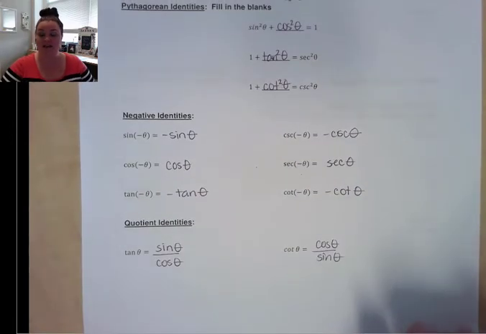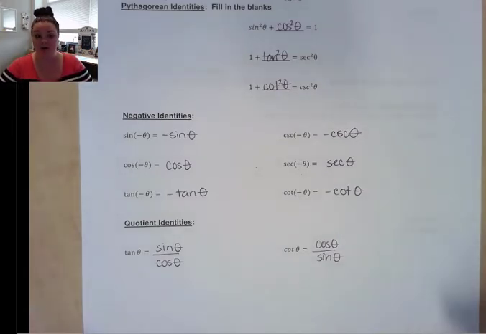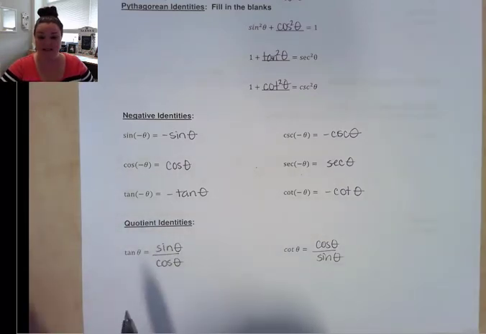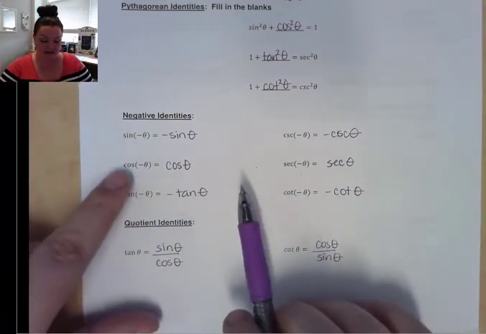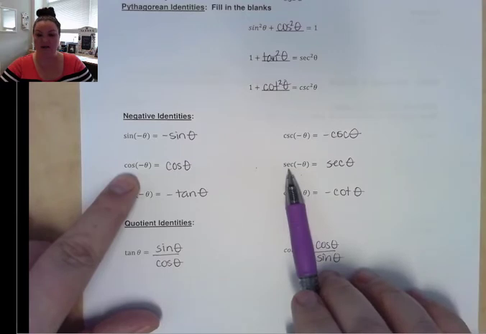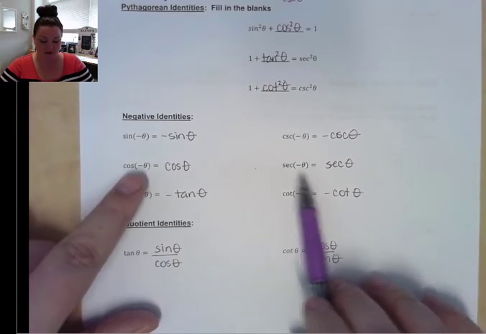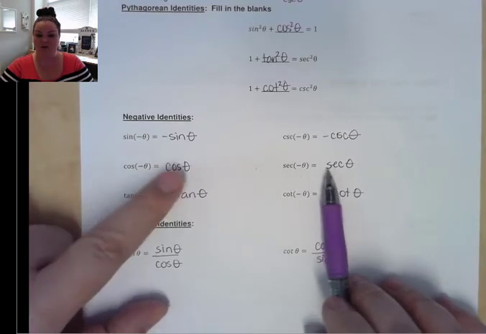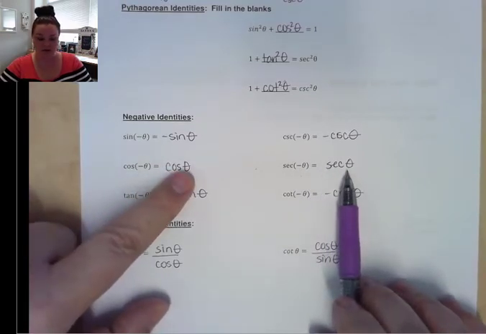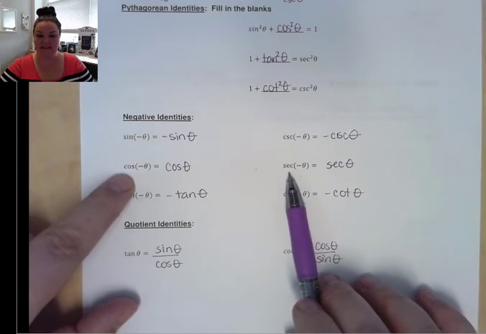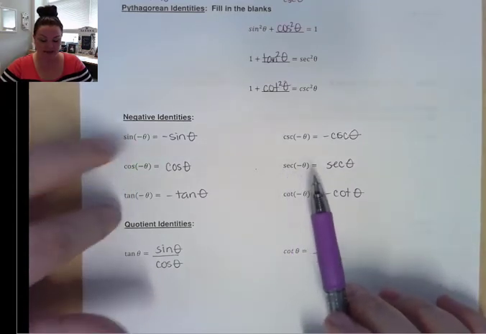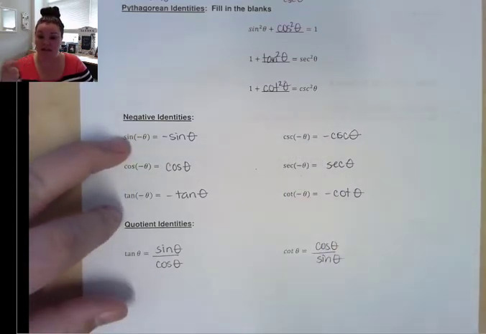We also need to keep in mind our negative identities. Hopefully you noticed on some of the proofs from sections 5.2, 5.3, and 5.4, we used these negative identities, which basically say that cosine and secant stay the same whether we use the negative angle or the positive angle, but for sine, tangent, and their inverses, the sign changes.